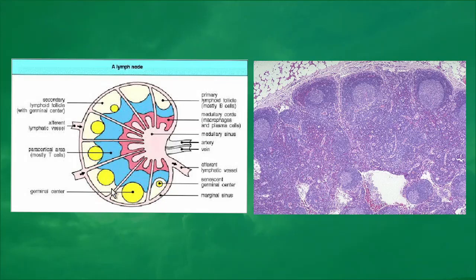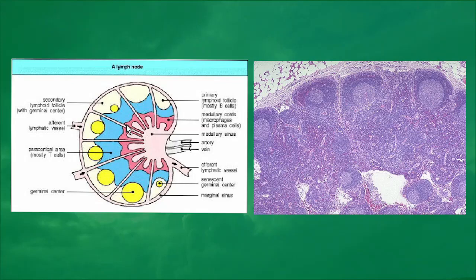This cortical area is predominantly made of B cells, B lymphocytes. The paracortical area is mostly made of T cells.